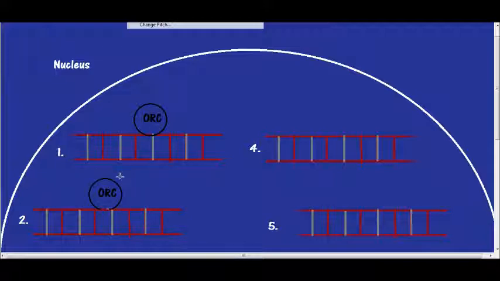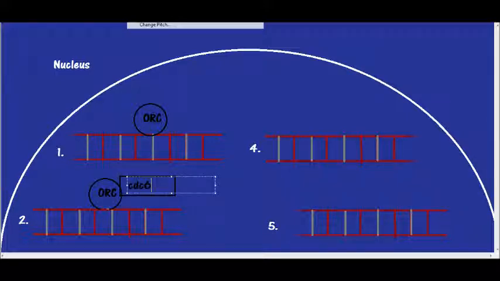One of the proteins that will bind to the ORC is called CDC6. CDC6 stands for cell division cycle 6, and it is another protein that will make up the pre-replication complex.